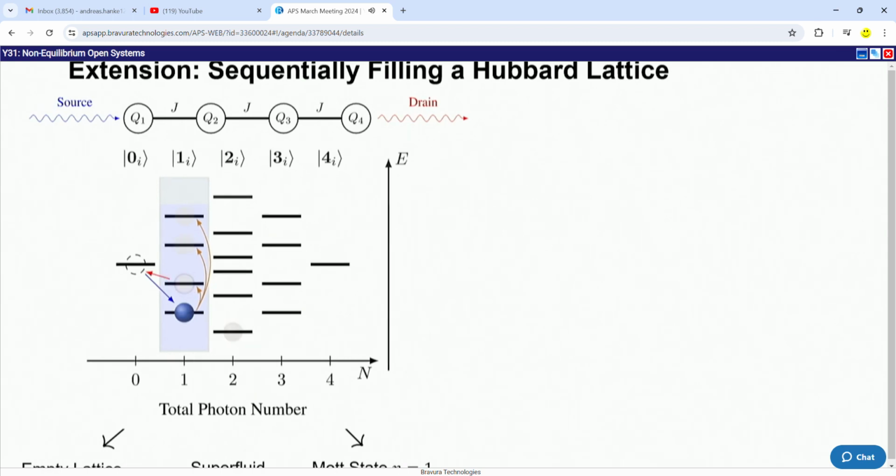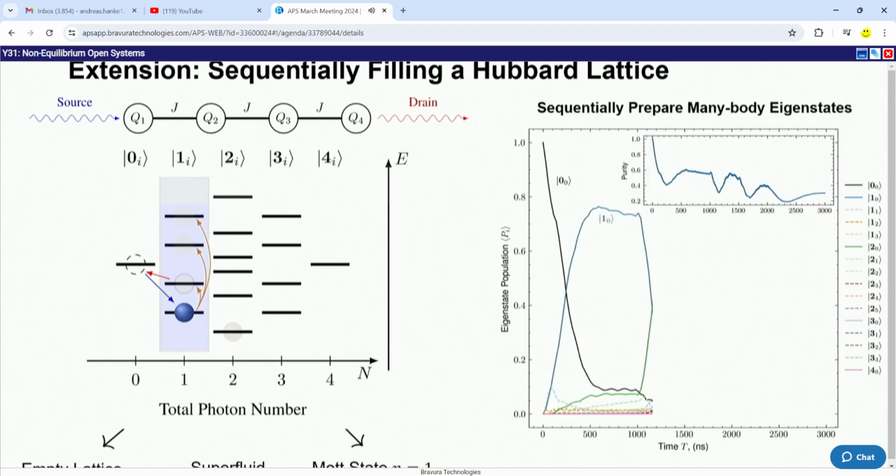So now we can introduce another drain bus to solve this problem. It can help us to remove particles from this subspace. We can see the red plot. The red plot shows the population of different eigenstates. Use this protocol when the population of the one particle manifold ground state is saturated.